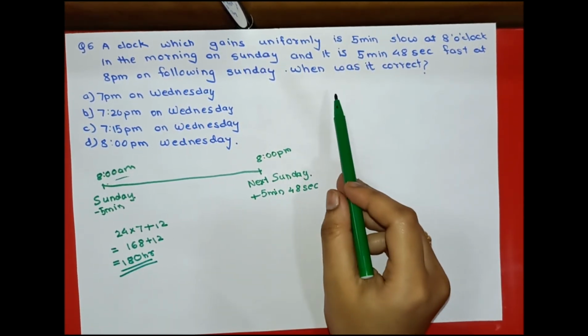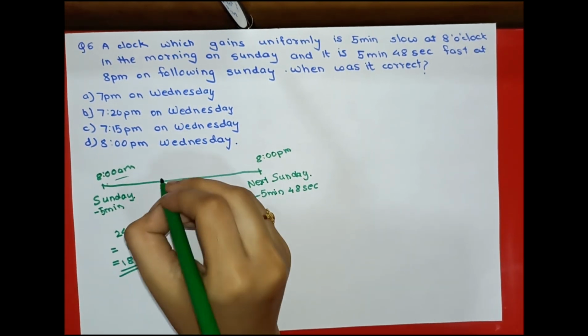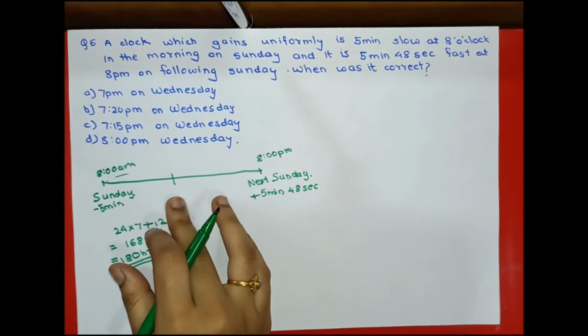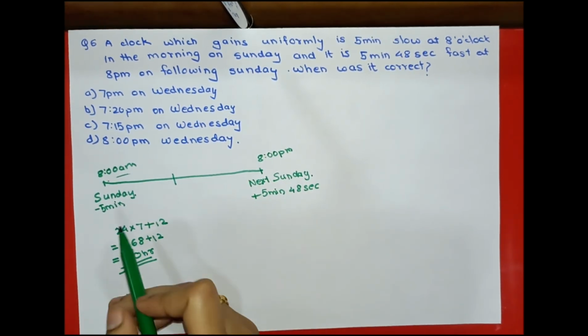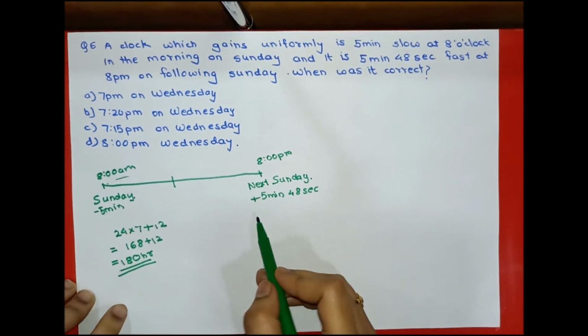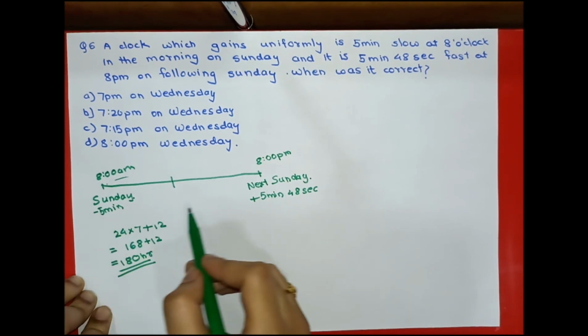Now we have to find out when the clock was showing the correct time. There will be a point of time in this time frame when the clock shows the correct time. The clock was 5 minutes slower when it started, and when it stopped, it was 5 minutes 48 seconds faster. So how much is it gaining?